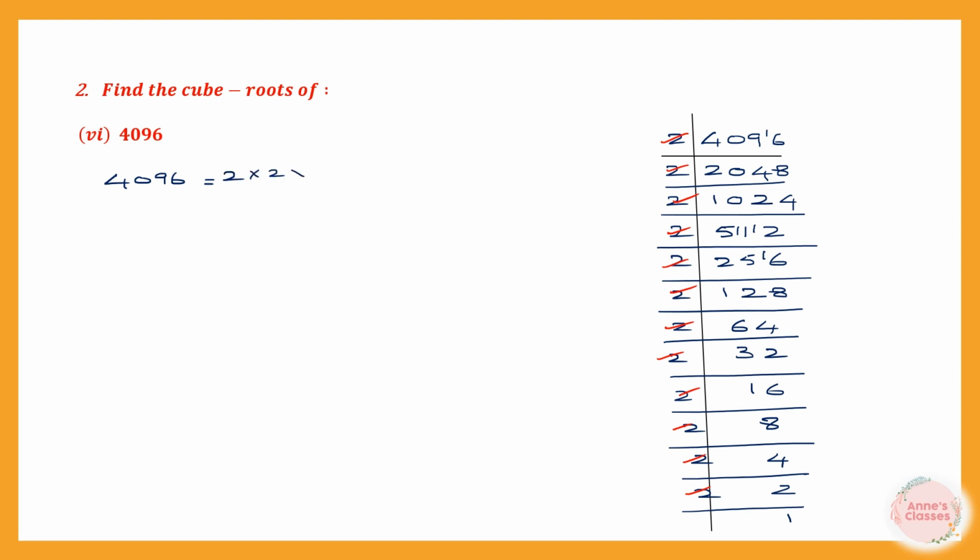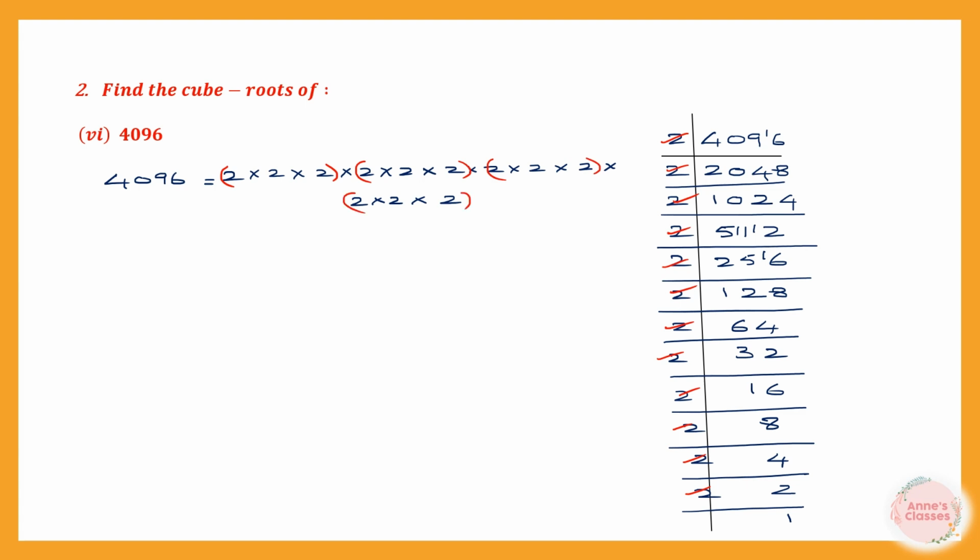Okay, so now what we'll do is the next step, that is put them in the form of triplets. So here we have 1, 2, 3. So we have one triplet here. We have another triplet here. We have another triplet here and one more triplet.